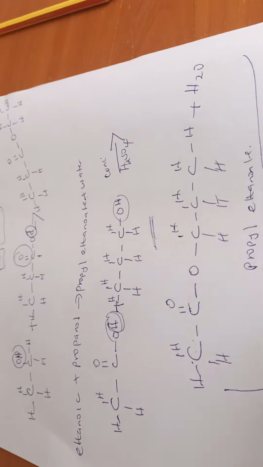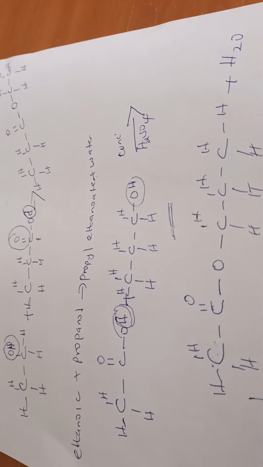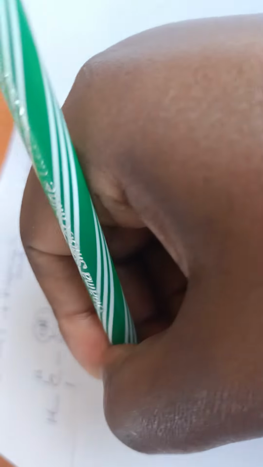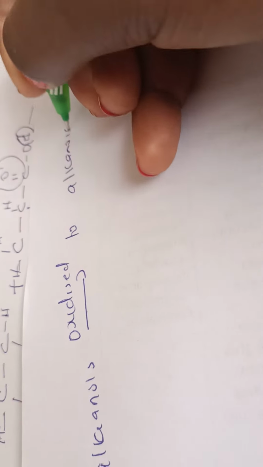That was the number 3 reaction of alkanols. The other reaction, number 4, is that alkanols can be oxidized to alkanoic acids.